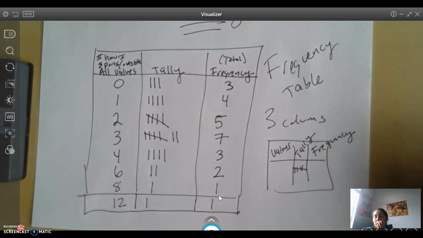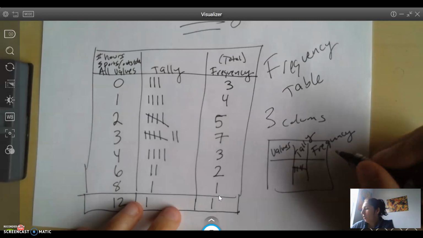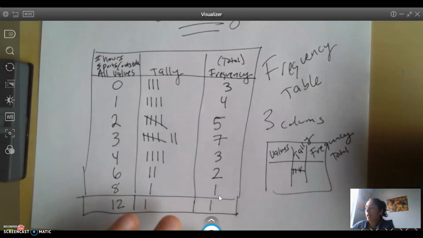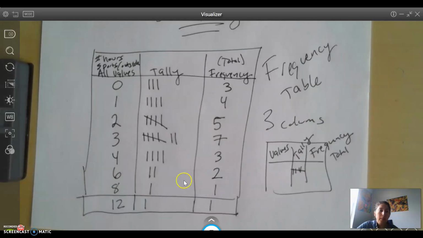And frequency just means the total of times that that number comes up. The total frequency, how often it comes up. All right, pause here, and if you need to rewind and watch this again, please do so.